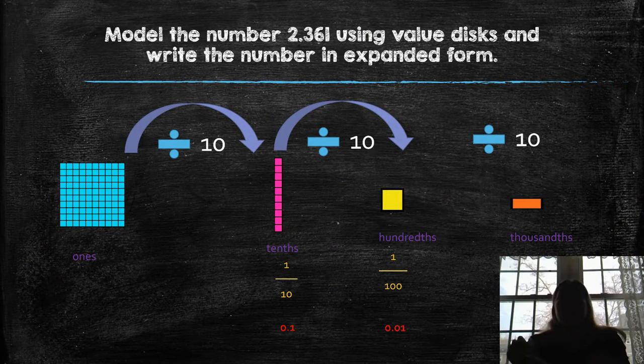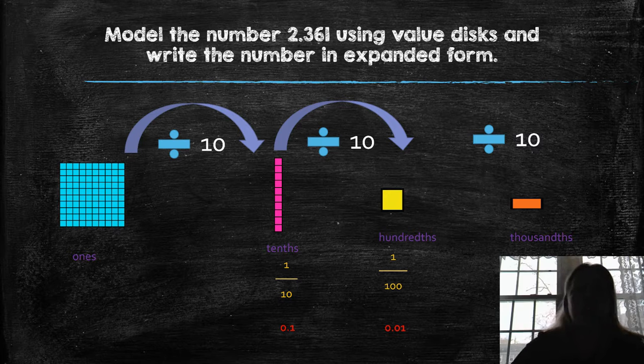Now, what if I asked you to model the number 2 and 361 thousandths using value discs and then write the number in expanded form? Now, we went over this part of the presentation the other day, where we talked about that this big block of blocks now is a 1, and if we divide that into 10, we get our tenths, which is written as 1 over 10, or 0.1.